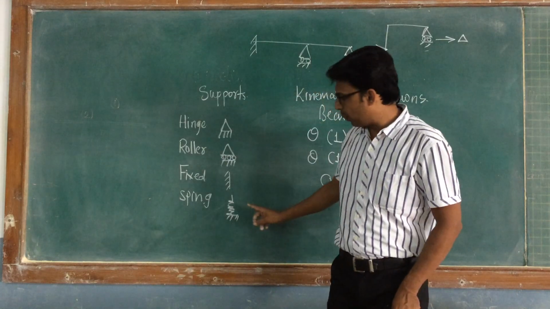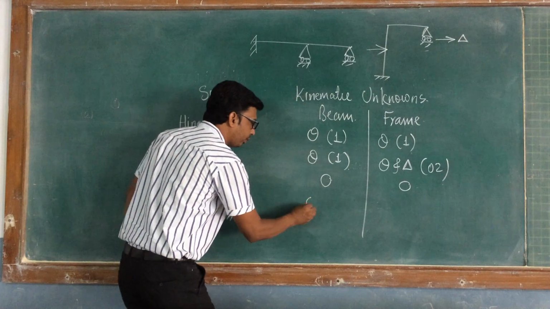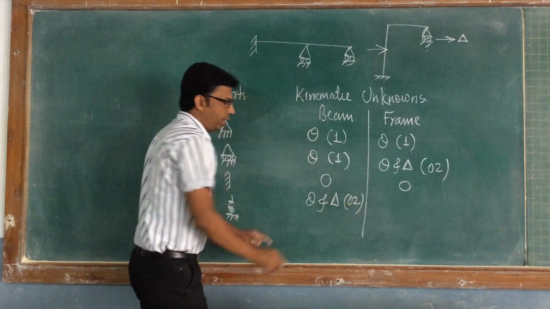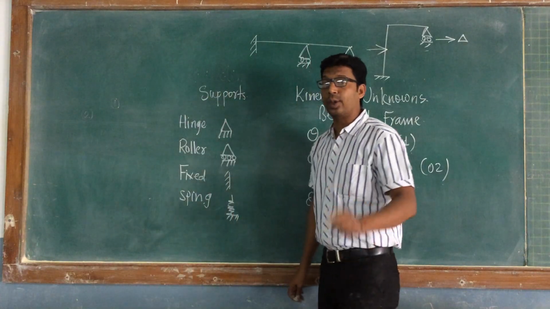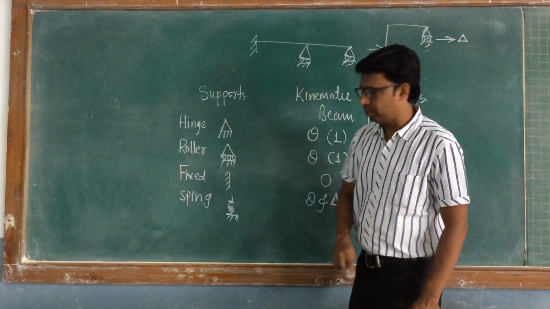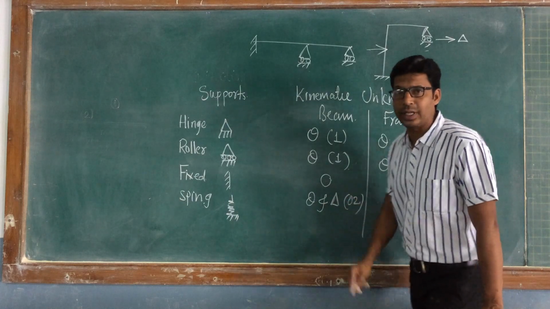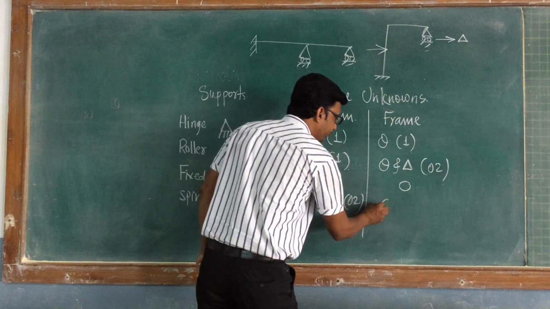So at a spring support, there are 2 kinematic unknowns. Theta, it means the spring support can rotate, as well as the spring can deform. So there is a delta. So there are 2 kinematic unknowns at a spring support, in both the cases, beam as well as frame.